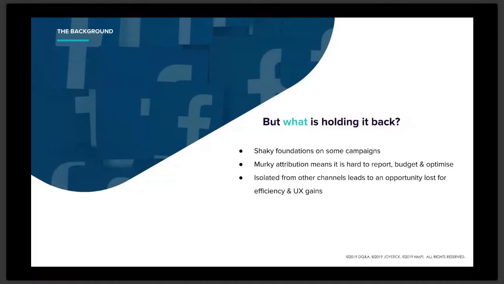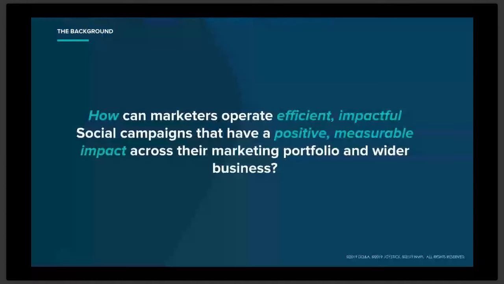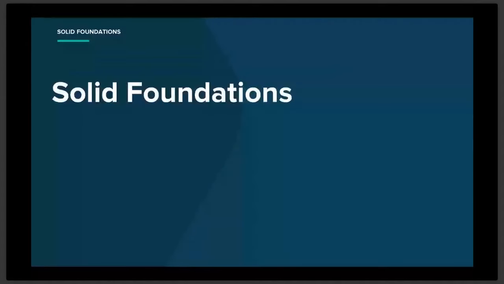So ultimately, this begs the question that we're going to address in the webinar today, which is how can marketers operate efficient, impactful social campaigns that have a positive, measurable impact across their marketing portfolio and also wider business. So as I've mentioned before, before looking at the cross-channel implications, we're going to look at how to set solid foundations in social specifically.